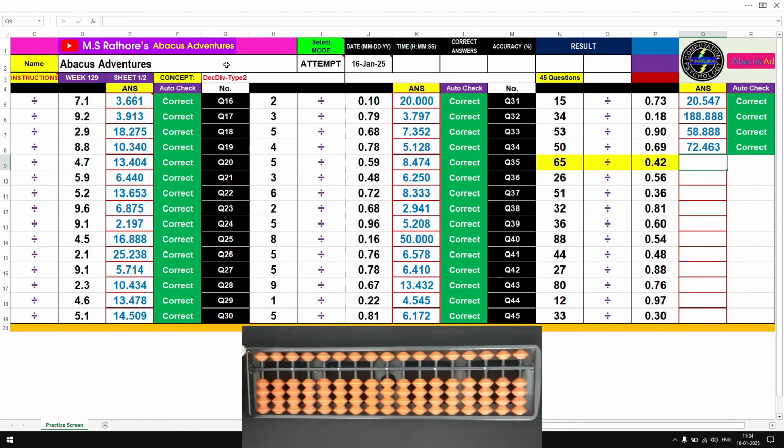Question number 35, 65 divided by 0.42, 65 divided by 42.